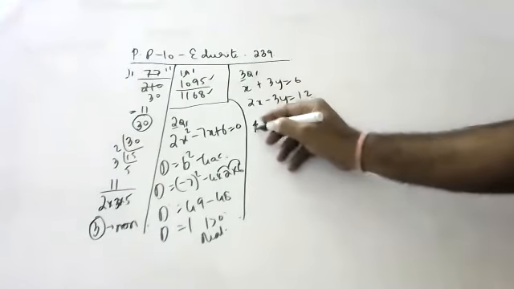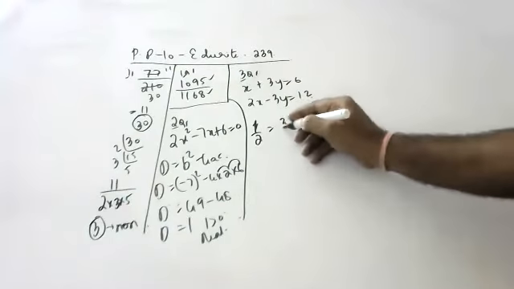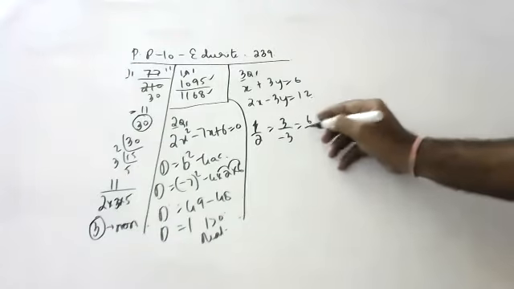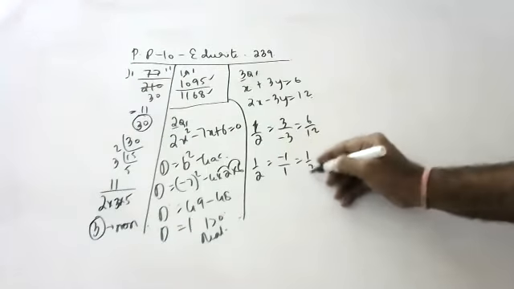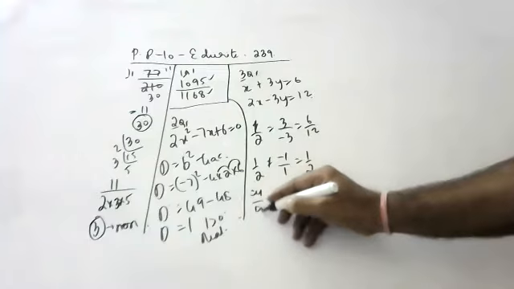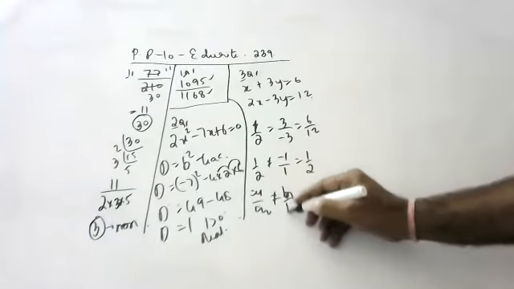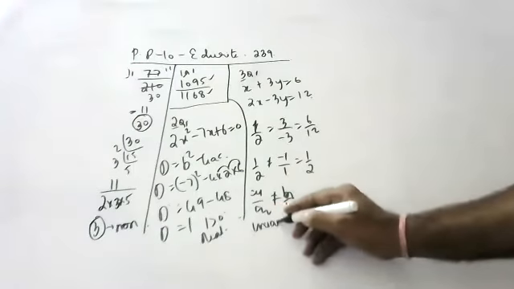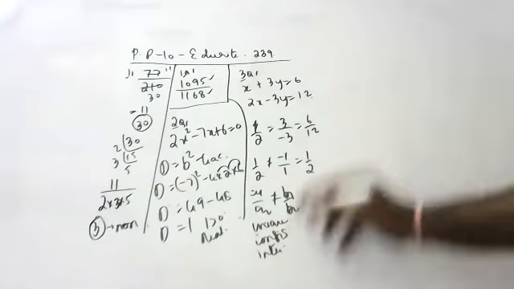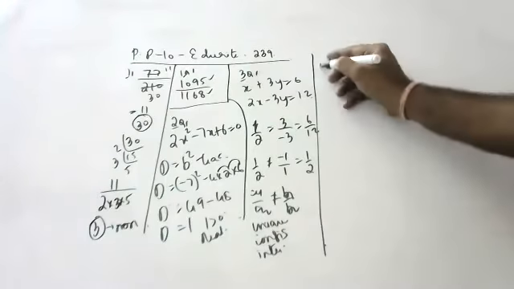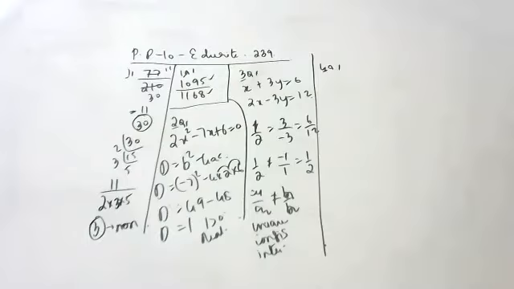So a1 by a2 is 1 by 2, b1 by b2 is 3 by minus 3, and c1 by c2 is 6 by 2. Here 1 by 2 is not equal to minus 1, so a1 by a2 is not equal to b1 by b2. The lines are intersecting, so the system is consistent with a unique solution.